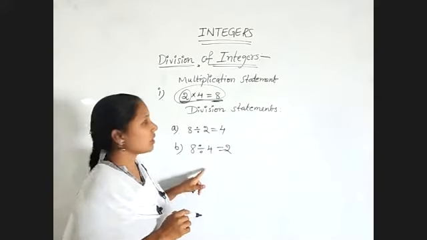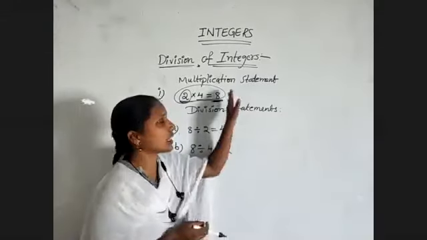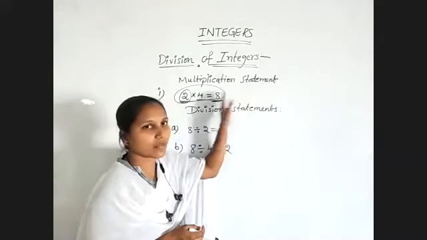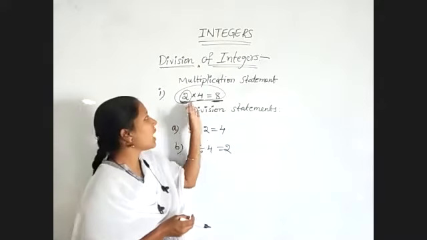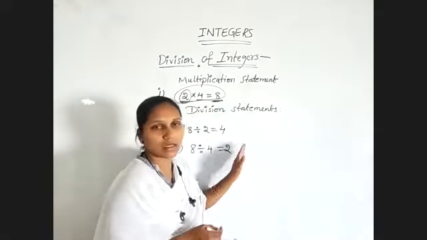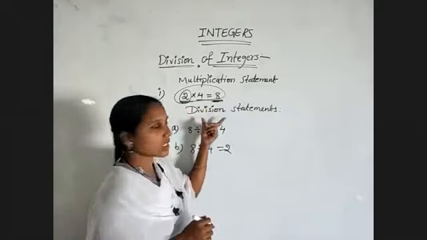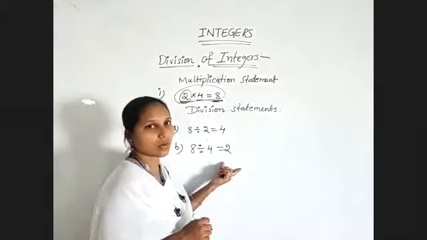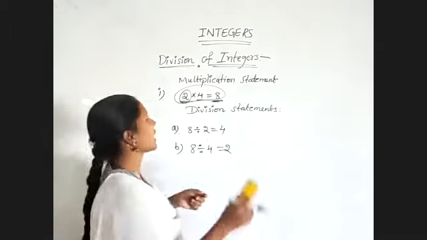Remember, while writing division facts, first we need to write the result, that is the product. Then divide it by one of the numbers, and the remaining number is what you get as the result. Now, when both are positive, we get positive quotients only. The other conditions are if one is positive and one is negative, or both are negative.